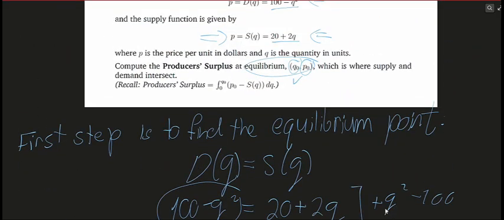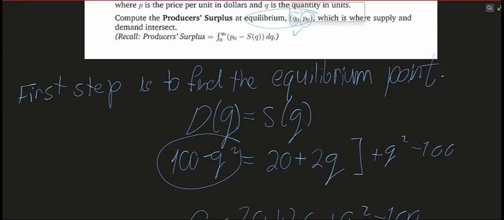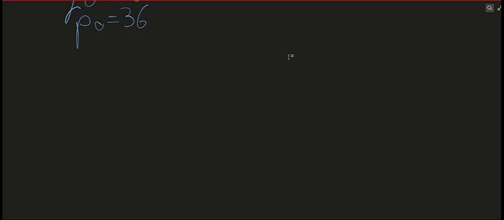They want us to compute the producer's surplus, which they were nice enough to actually provide the formula for. This one is given to you in the hint, and this formula for the corresponding problem will be given to you on the exam.